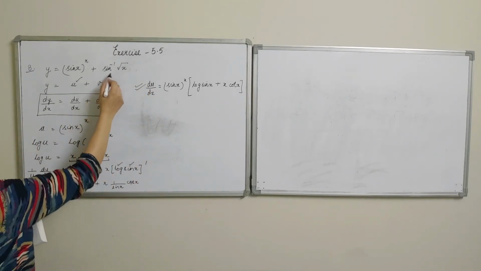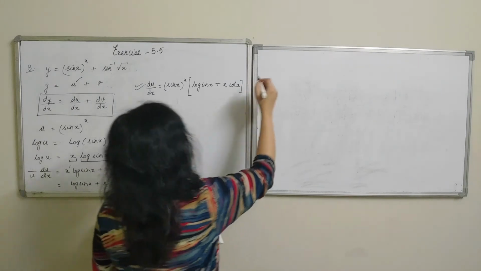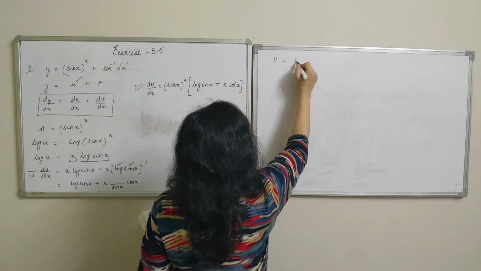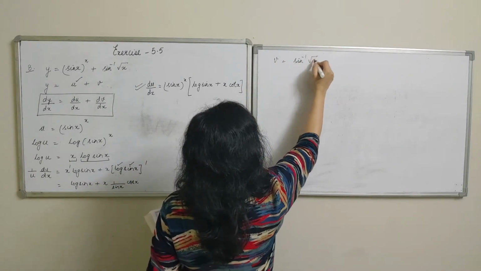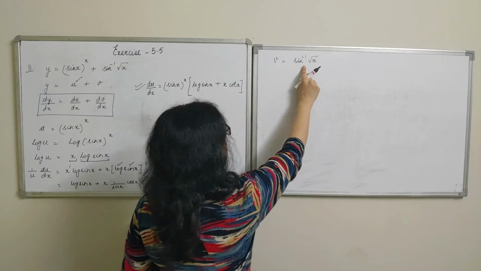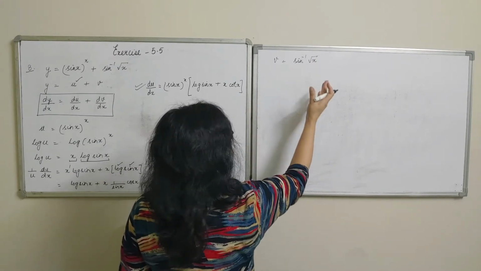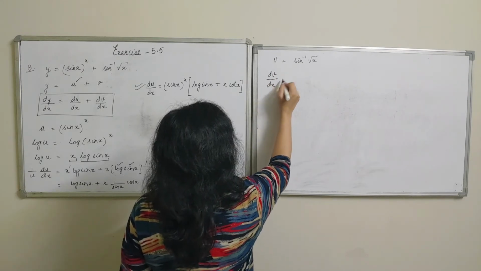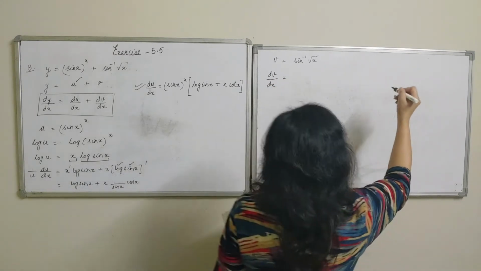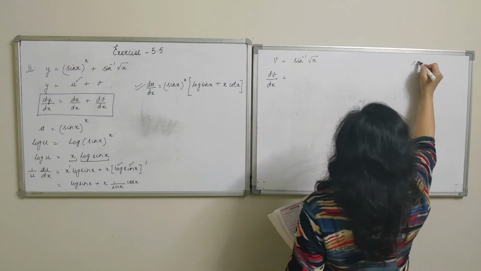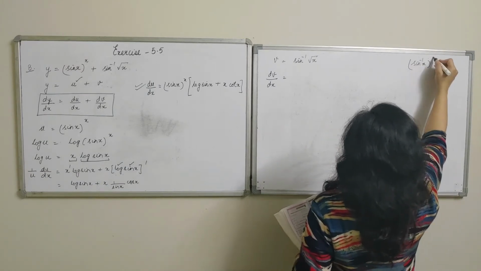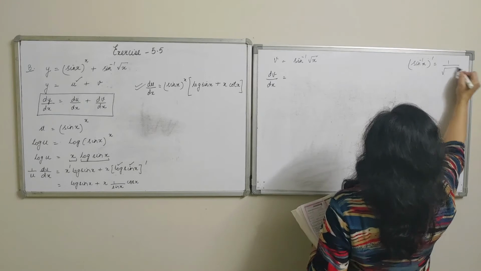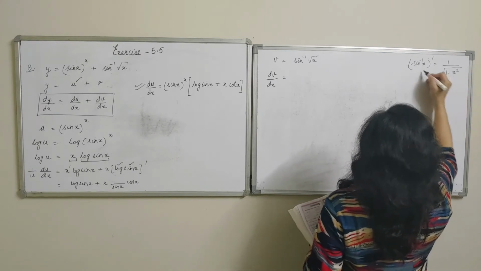Next, this is v here, so I'll solve it on this side. v is sine inverse root x. This is not a special function, so we are not taking log, we are directly differentiating for dv by dx. Now we know that the derivative of the sine inverse function is 1 upon under root 1 minus x squared.